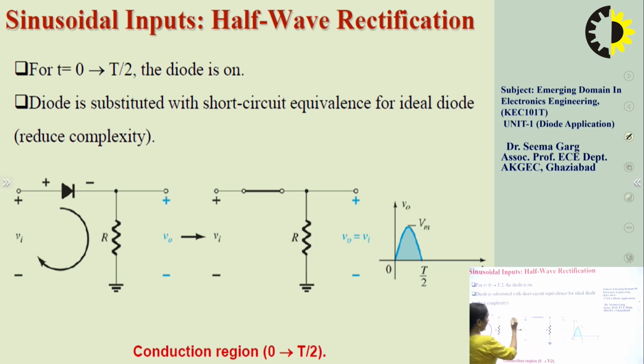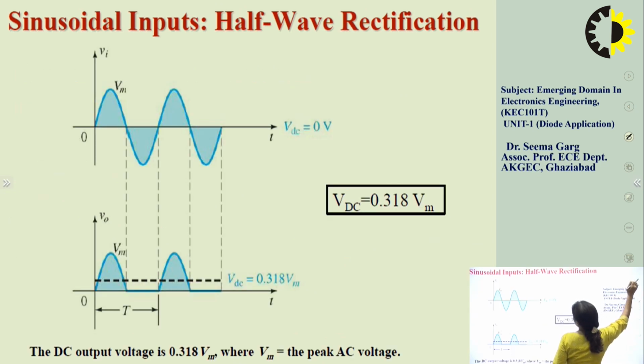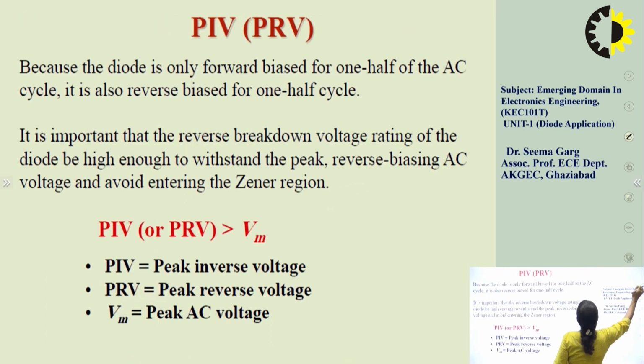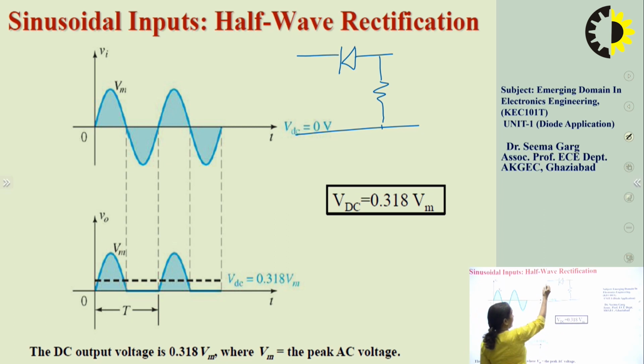Now, if we suppose we change the direction of the diode in the circuit, let us say we reverse the direction, then during the positive half cycle, the terminal A will be at positive potential and B will be at negative potential, and this makes your diode reverse bias.